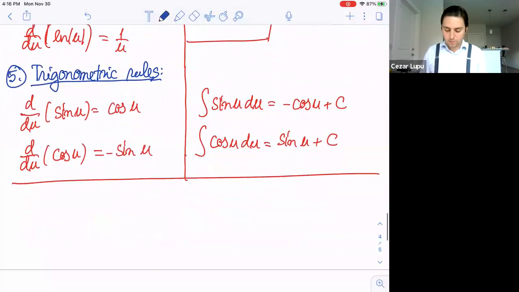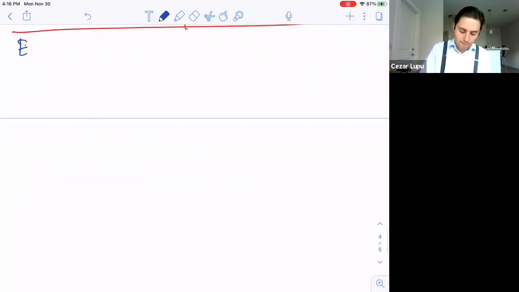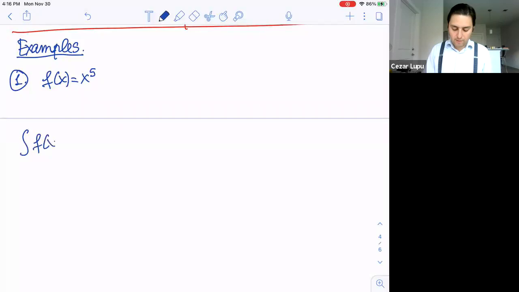We would like to do as many examples as possible. The first one that I have in mind is the following. So let me just take the function f of x is x to the power 5, so x to the 5th. It's very simple, so I would like to compute the antiderivative of this, or the integral. So we'll have that the integral of f of x dx will be the integral of x to the 5th times dx.